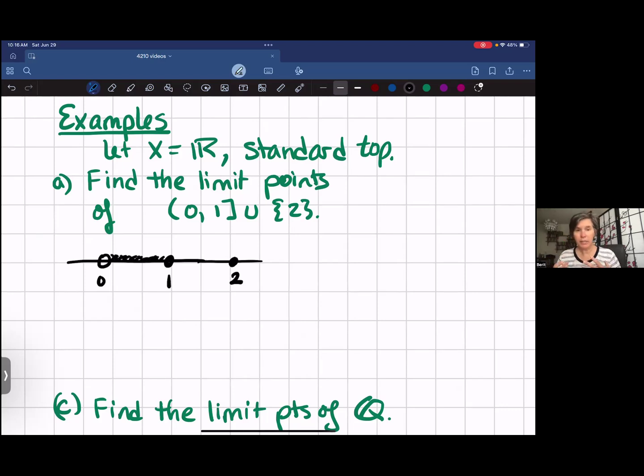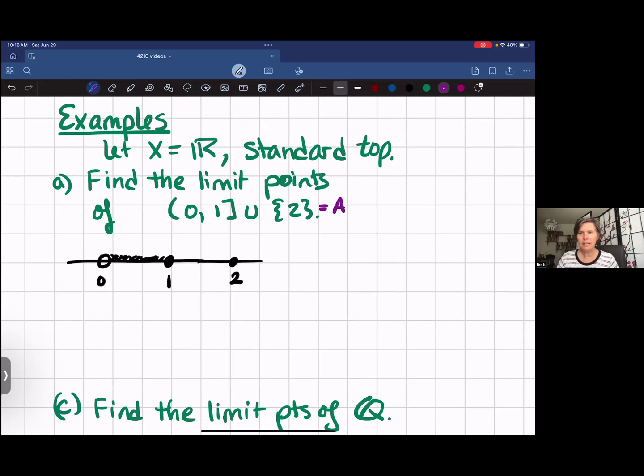Limit points might be inside your set or they might be outside your set, so we have to think about all different kinds of points here. Just to make it easier to talk about, let's name this set A. So that's the set A right there. Let's start by thinking about a point that's less than 0.